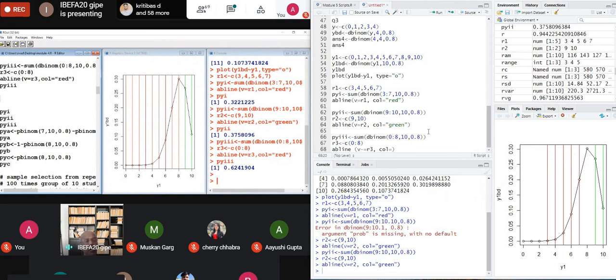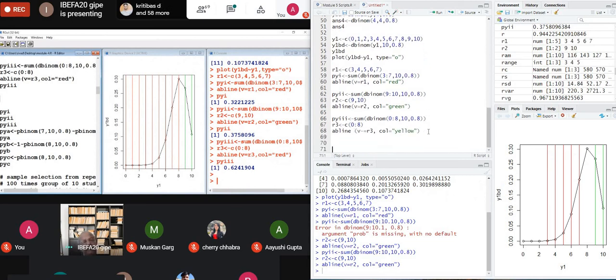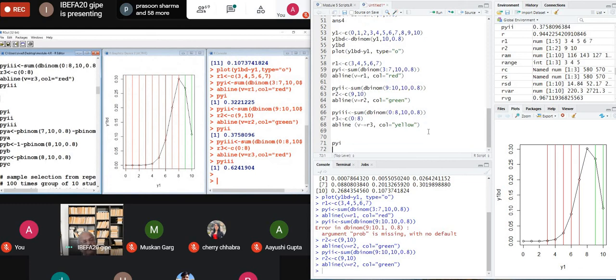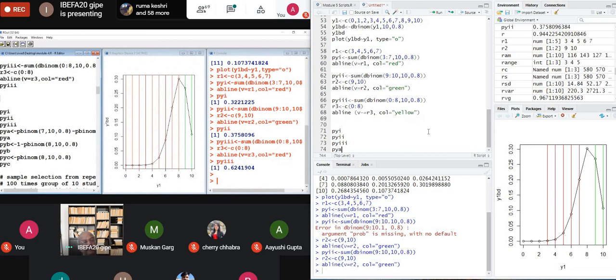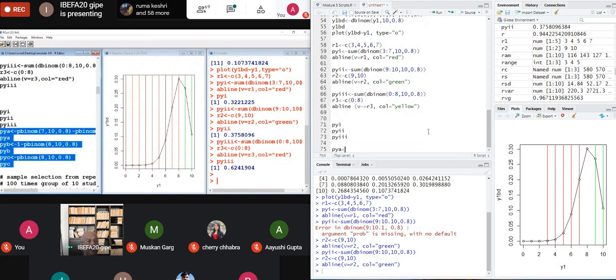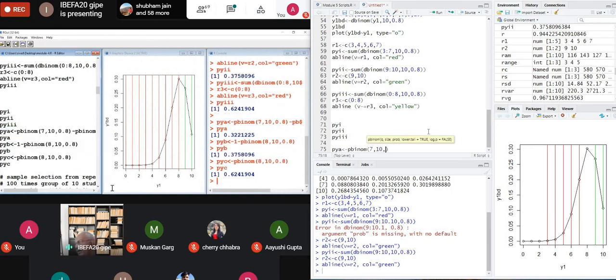Same answer. Is that clear? See, the same answer you will get.